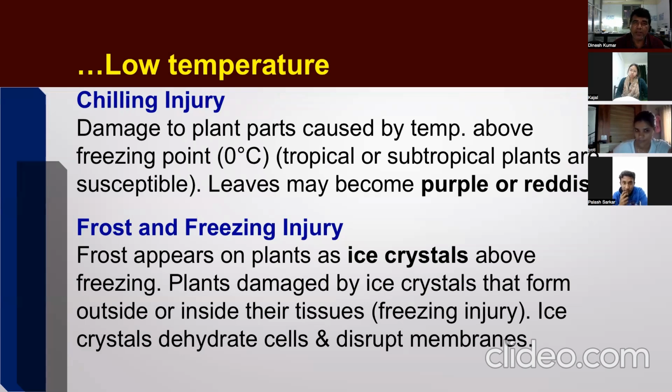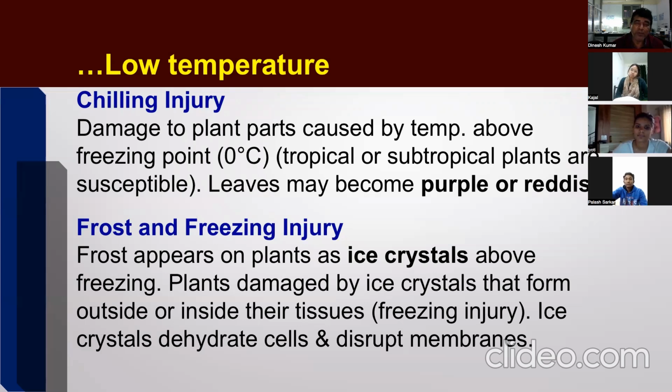These kinds of plants like to grow better under normal or high temperature conditions, but suddenly the temperature is reduced. That is why it is called chilling injury. You normally call for chilled water, you do not call for freeze water. You say, bring me a glass of chilled water.